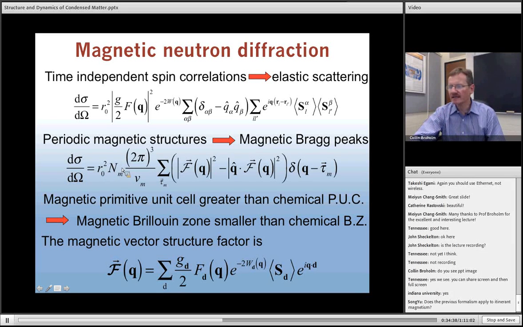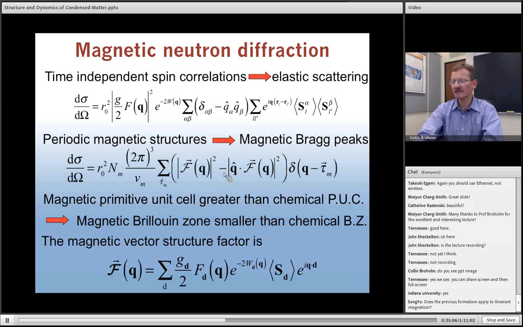And then here comes the structure factor in the case of magnetic scattering. In nuclear diffraction, this structure factor was essentially a Fourier transform within a unit cell of the arrangement of nuclei with each of their scattering lengths, b_d. I think we had the expression on the board at some previous stage.